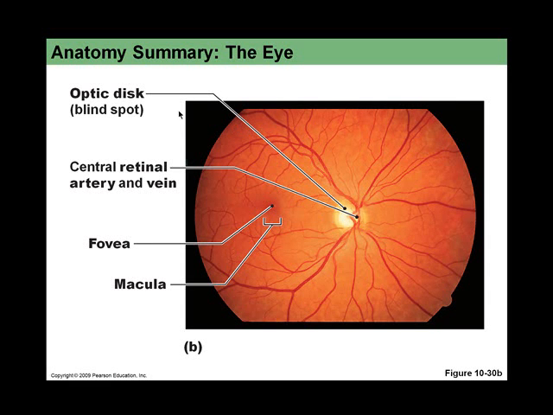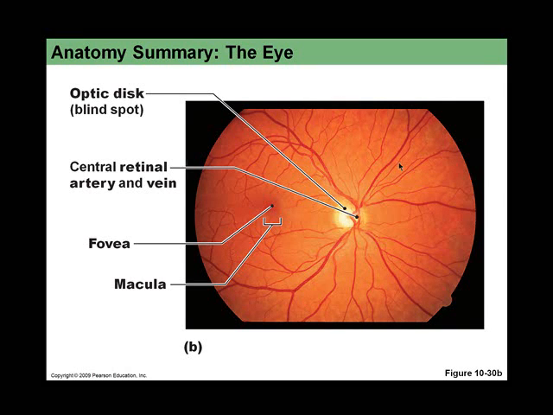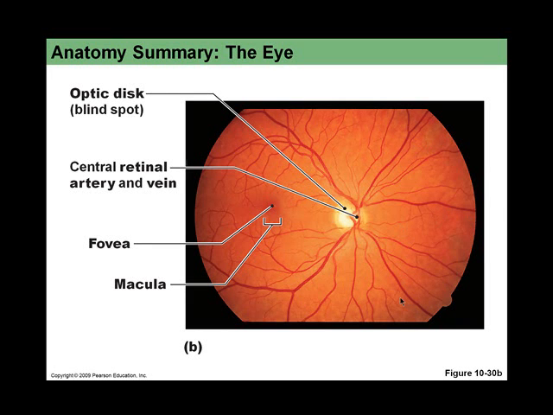Okay, so we can see from the ophthalmoscope the blind spot, the optic disc. There are no photoreceptor cells there, and this is where the central retinal artery and veins are emerging into the retina, onto the retina, we should say, right, because it's on the surface between the vitreous humor and the axonal layer of the ganglion cells, as we'll see.